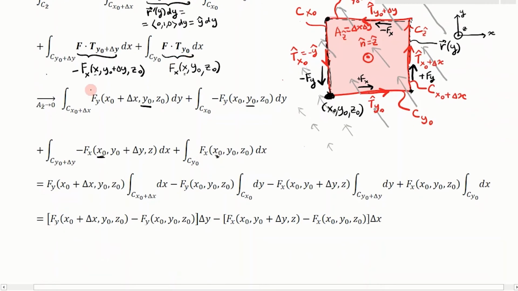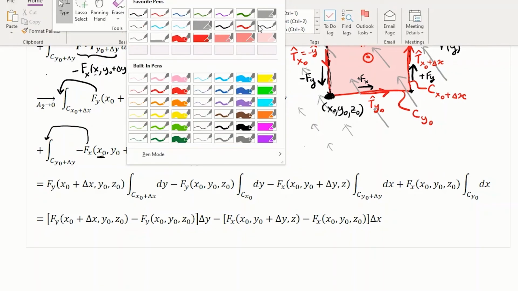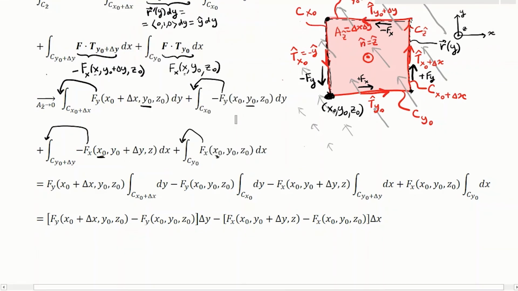Okay, next I realized that each of these quantities inside the integrals are now constants, because this is just the component of the vector field at a specific fixed point. It no longer varies along this line. So now we are allowed to take this out of the integrals. Once we do that, we get this here.